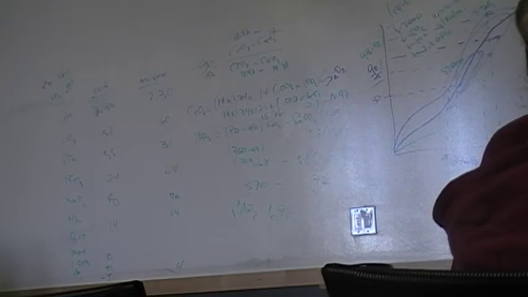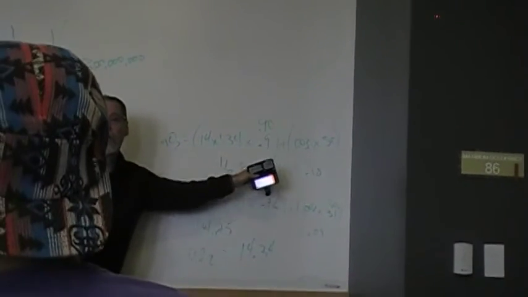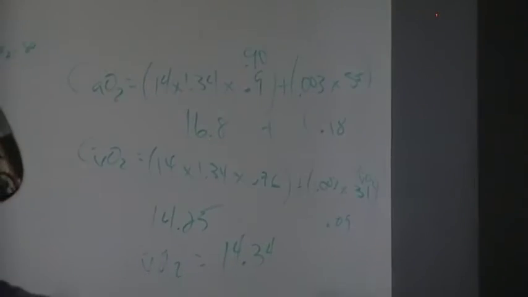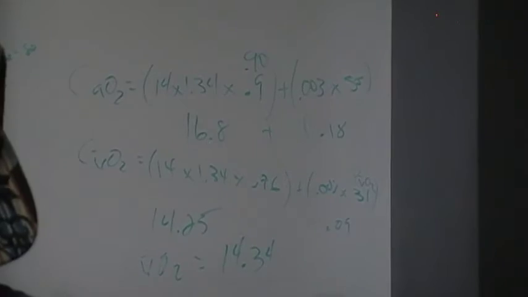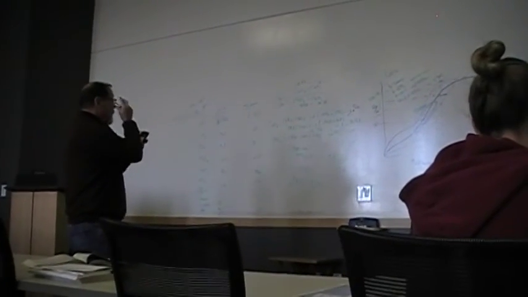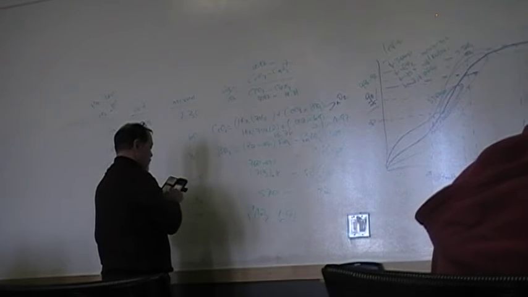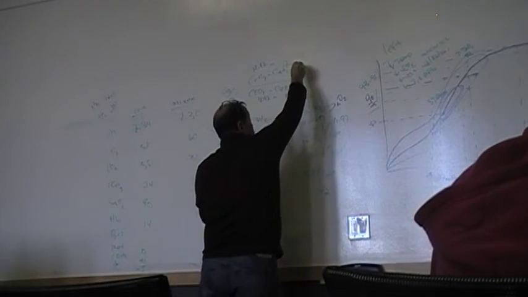So the arterial content is hemoglobin times 1.34 times the SaO2, which was 90%. Cool, I get it. So what we end up with then is 18.97 minus arterial content 17 equals 1.97.